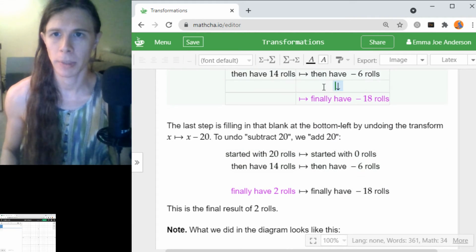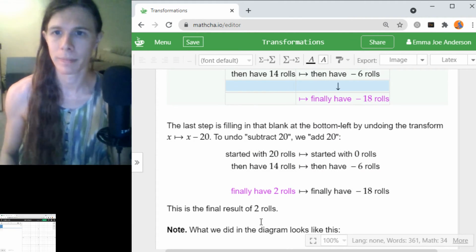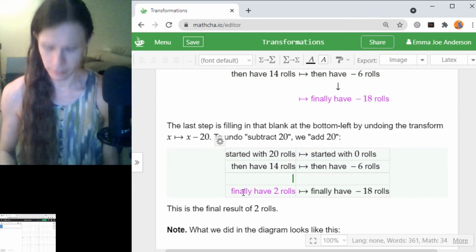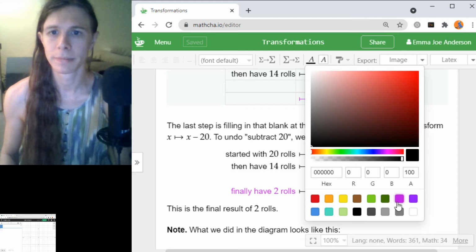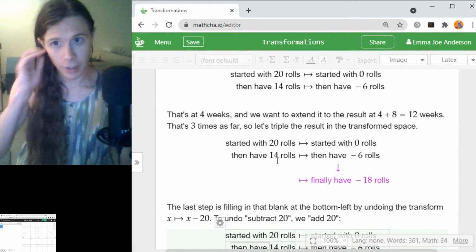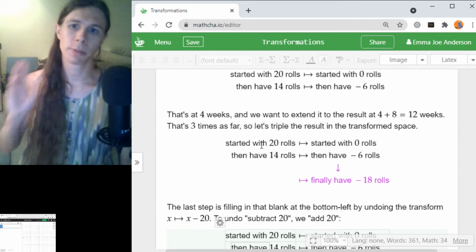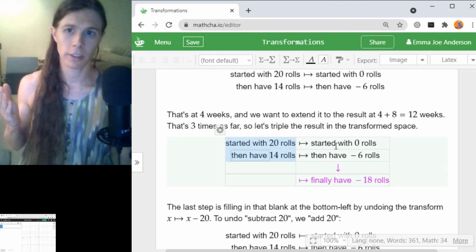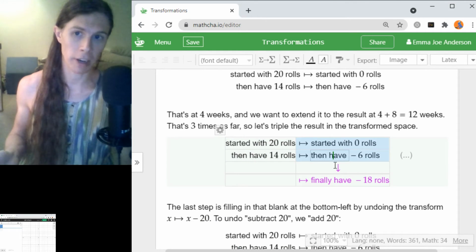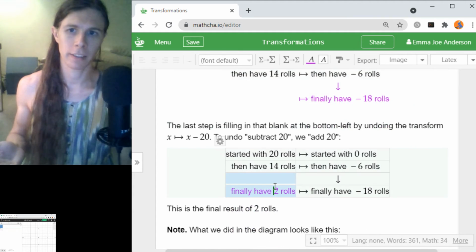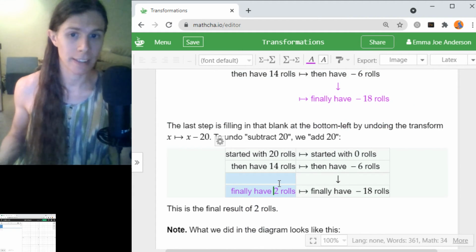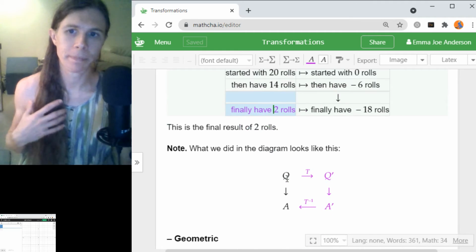And I'll just copy that. And make it purple over here. Perfect. All right. This was going from the question q to the new question q prime, solving that, getting a prime, and then transforming it back to get the answer we wanted, a.